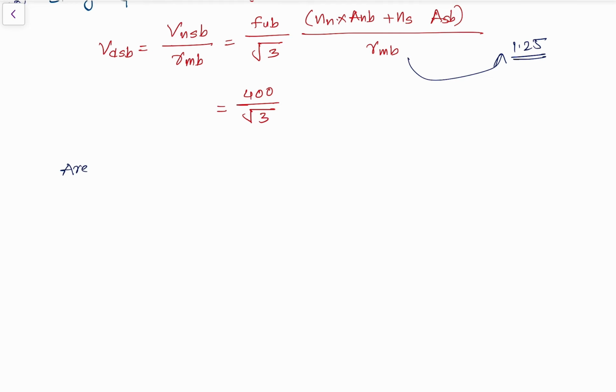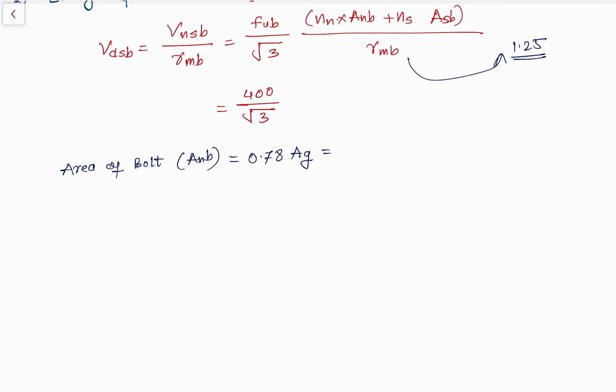So area of bolt, which is A and B, is equals to, how we can calculate that one? So that formula is 0.78 into gross area.